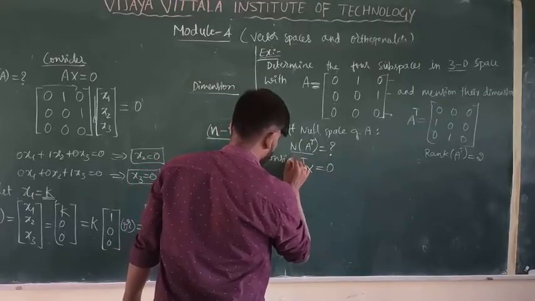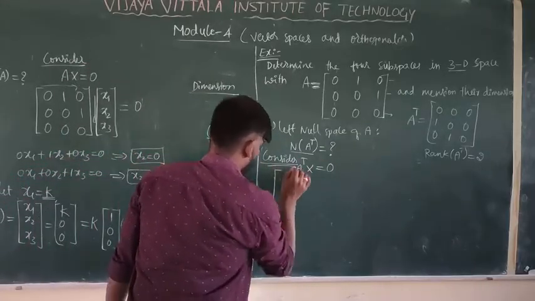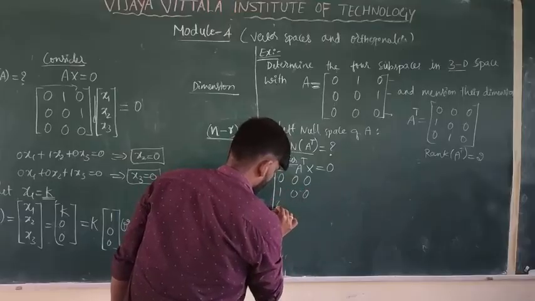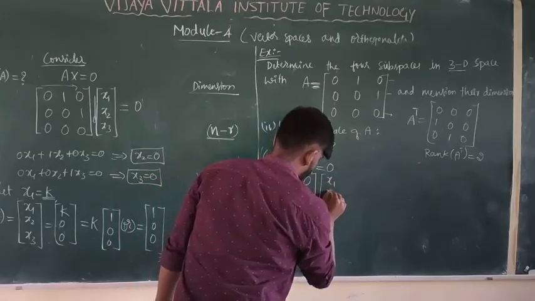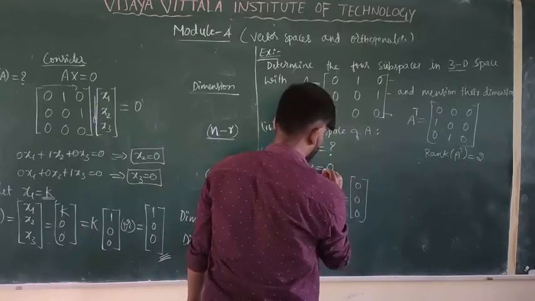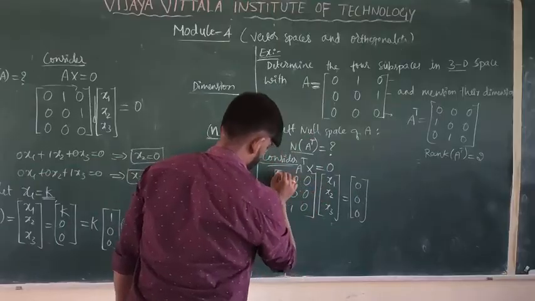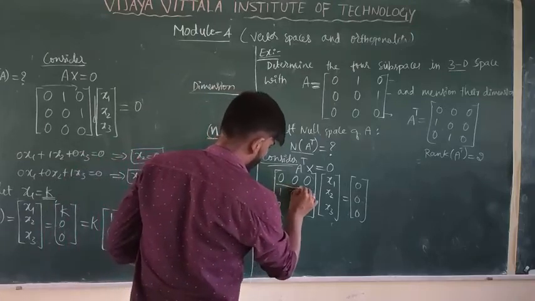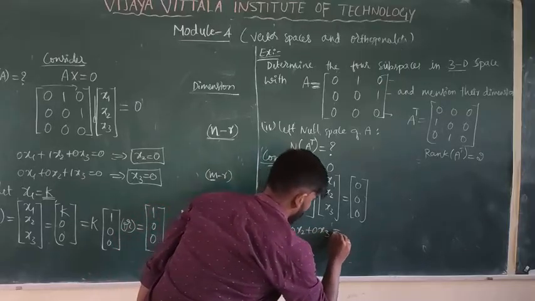A transpose is 0 0 0, 1 0 0, 0 1 0, X is x1, x2, x3, and 0 is the zero vector. Multiplying these two matrices, the first row gives 0. In the second row, 1x1 plus 0x2 plus 0x3 equals 0.